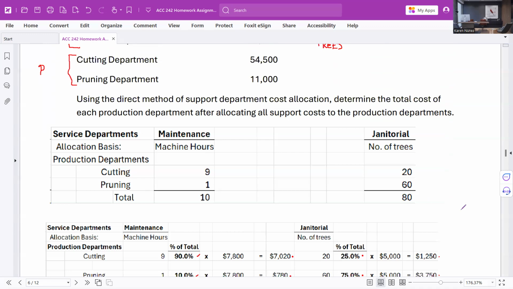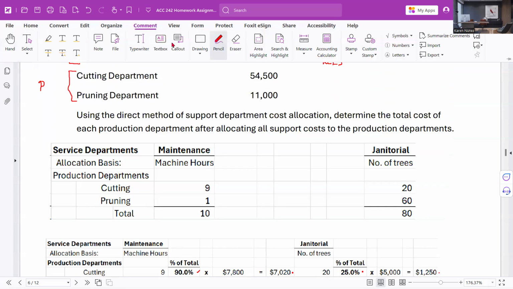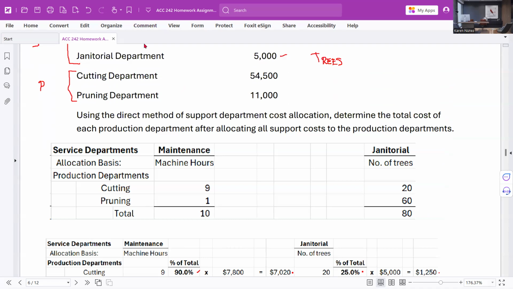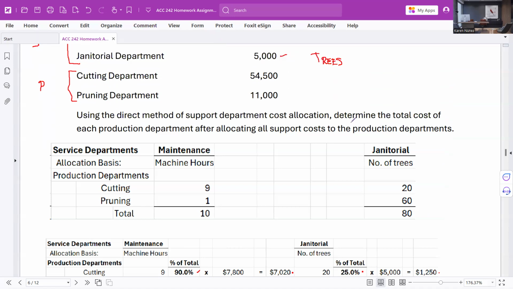Now, one of the things they ask us to do here is an extra step that they haven't asked us to do in previous problems. Let me go back and highlight that. They want us to determine the total cost of each department after allocating the support department costs.